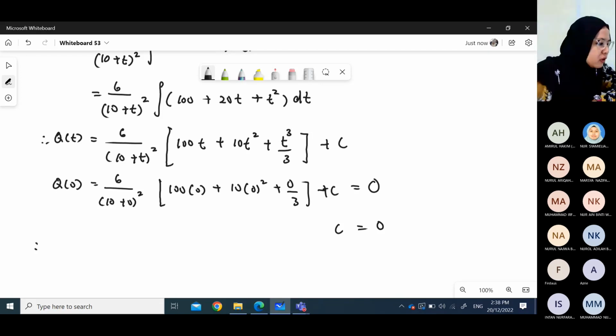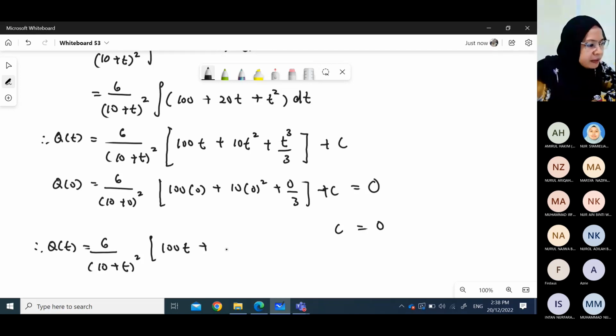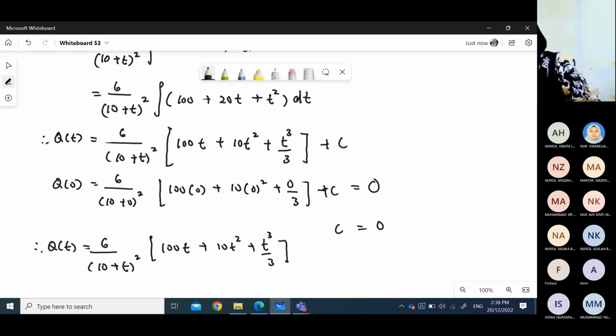Right. So therefore, quantity of salt at any time t is 6 over (10 plus t) squared multiply with 100t plus 10t squared plus t to the power of 3 over 3 plus c plus 0.